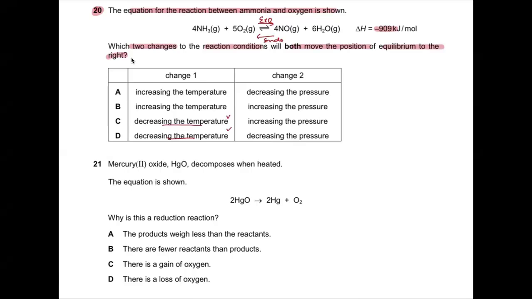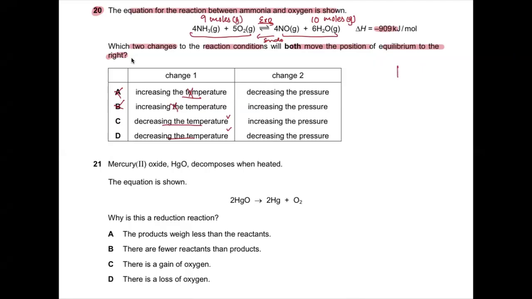So C and D might be correct, but A and B go wrong because increasing the temperature shifts the equilibrium towards the endothermic side, and endothermic is the backward reaction. So if we increase the temperature, equilibrium shifts towards the left, right? Now, if you see, this side has 10 moles of gases, and this side has 9 moles of gases.